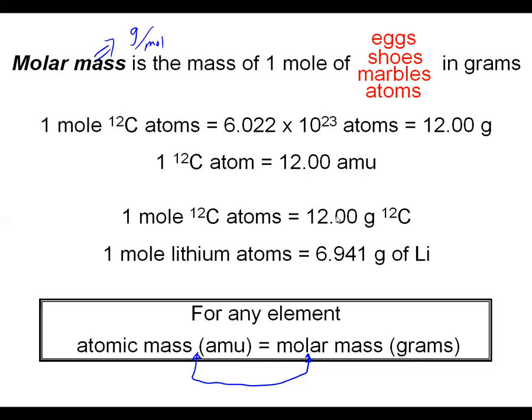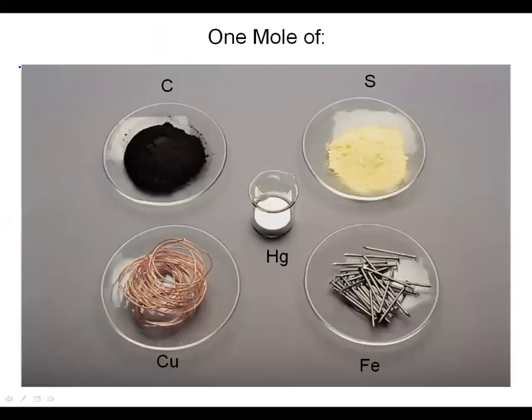And you again could do it based off of 4 significant figures. Usually if you're asked to give the molar mass of a substance, that's the understood value that you would give. So each of these represents 1 mole of each of these substances.